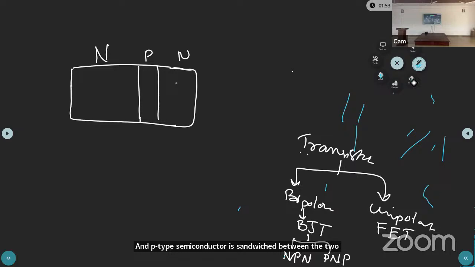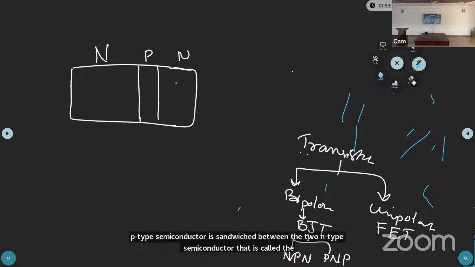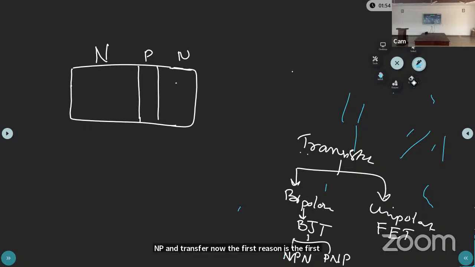That is called the NPN transistor. Now the first region is the widest, the middle one is small, and the last one is moderate. First, which type of semiconductor do we have in the first region? N-type semiconductor. What are the charge carriers in the N-type semiconductor? Electrons, negative. The N-type semiconductor has electrons as the majority charge carriers.